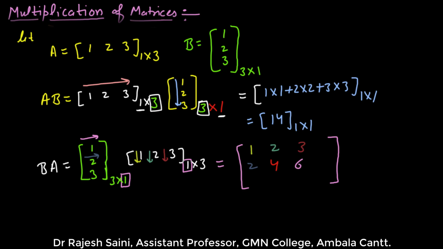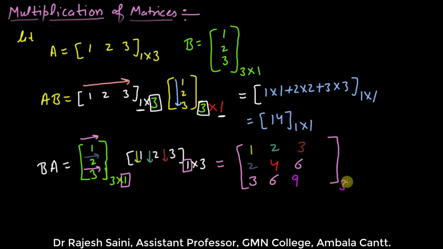Now next we move towards the third row, first column: 3 into 1 is 3. Third row, second column: 3 into 2 is 6. And third row, third column: 3 into 3 is 9.